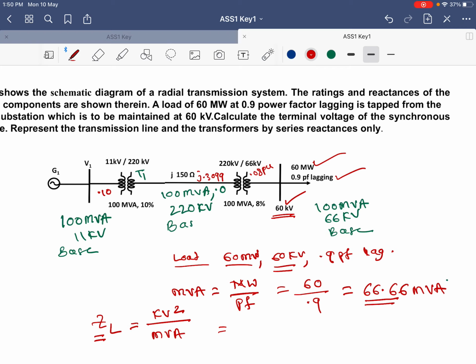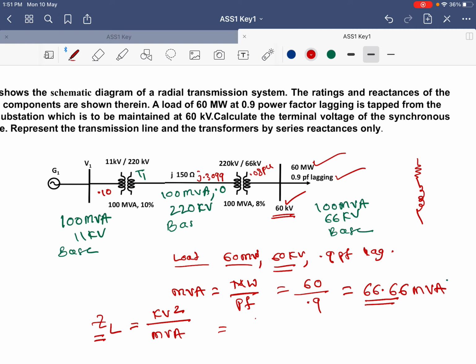It is lagging, which means it is a combination of resistance and reactance. I am calculating ZL, not ZB, from 66.66 MVA and 60 kilovolts. From that I am getting the load impedance.